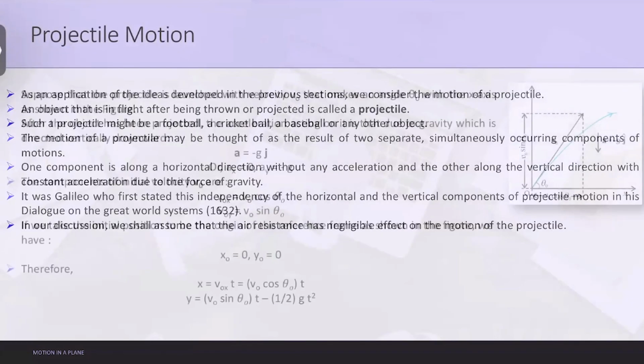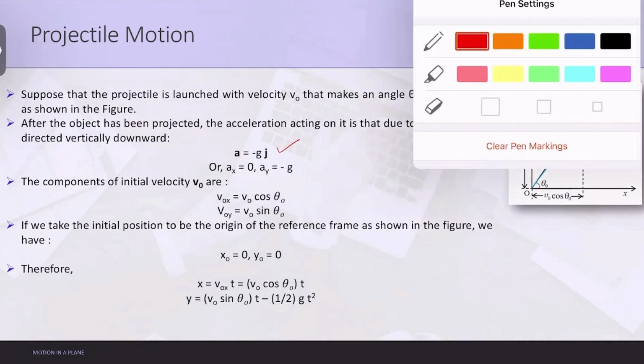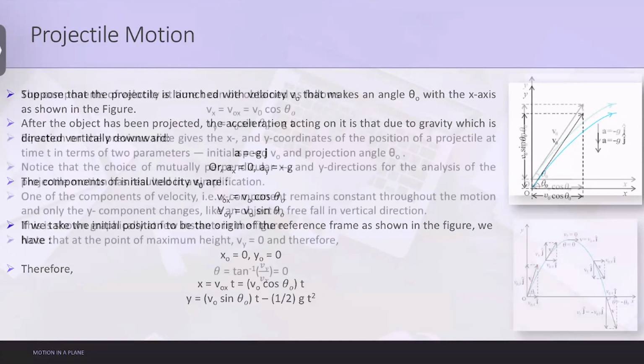So these things are already understood. We found what the acceleration was here: acceleration in this scenario is equal to minus g j. Then we found that the velocity can be resolved into two components, v0 cos θ0 and v0 sin θ0. Next, we assumed the initial displacement to be zero in both cases, and that was the way in which we got the displacement values, correct?